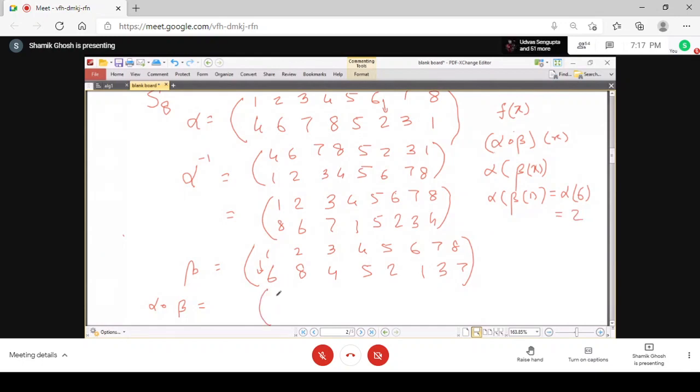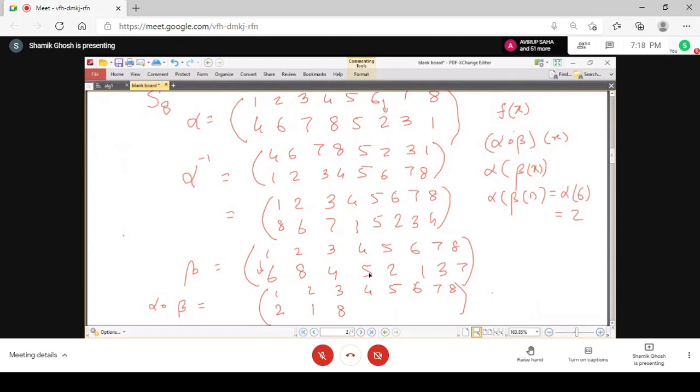So in the alpha composition beta, 1 goes to 2. Similarly, 2 goes to 8, and then under alpha, 8 goes to 1. So it comes to 1 here. Then 3 to 4, and 4 to 8 in alpha, so it is 8.